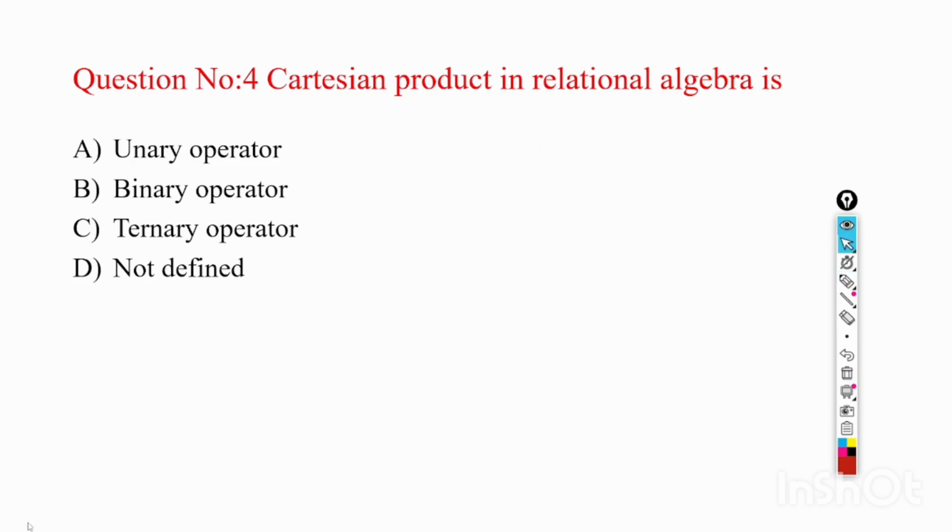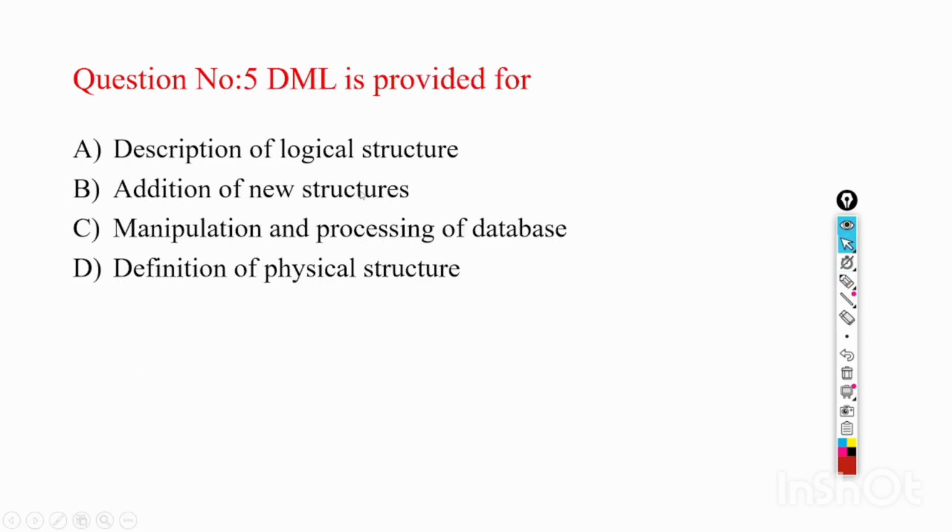So the correct answer is binary operator. A simple exam trick to remember: join and Cartesian product are binary operators.